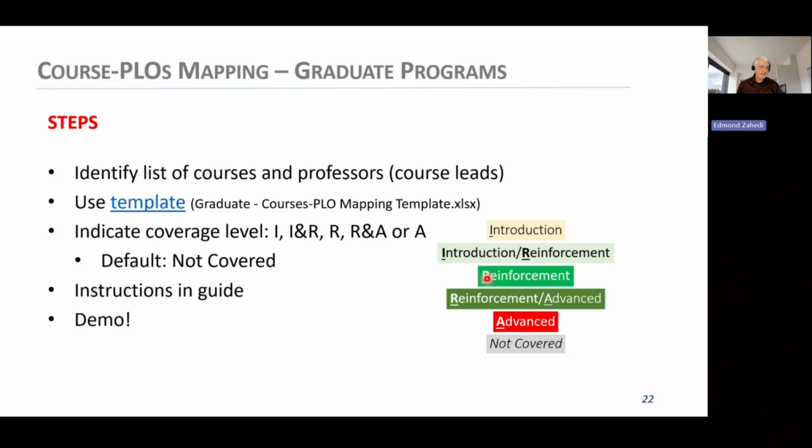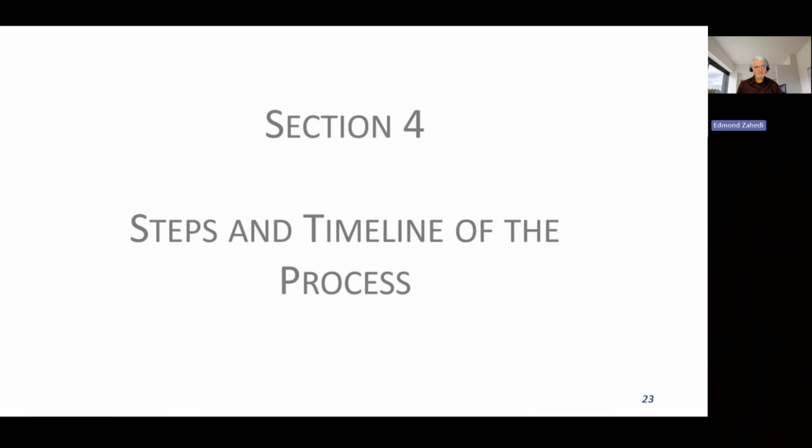So once you have done the levels, the 5 levels, introduction, reinforcement, advanced, or not covered, you leave it empty. Well, it will be up to me to have a look and give you candid feedback about what I think about the distribution of the courses in coverage.